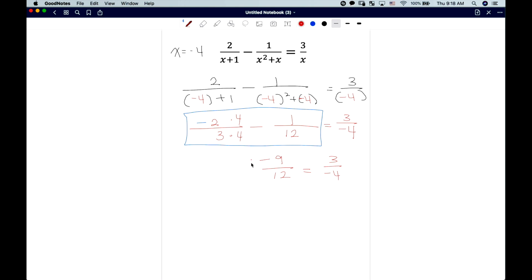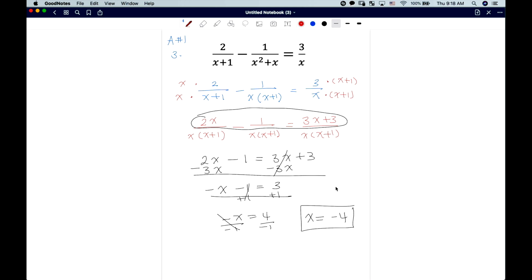I'm going to divide by 3 because 9 and 12 have 3 in common. So that's going to give me a negative, I'll just put it on the outside, negative 3 over 4. This negative, I'll also put it on the outside, 3 over 4. And they match, they check out. So what that means is this solution here that we saw, x equals negative 4, is correct. It is the correct solution to this problem.